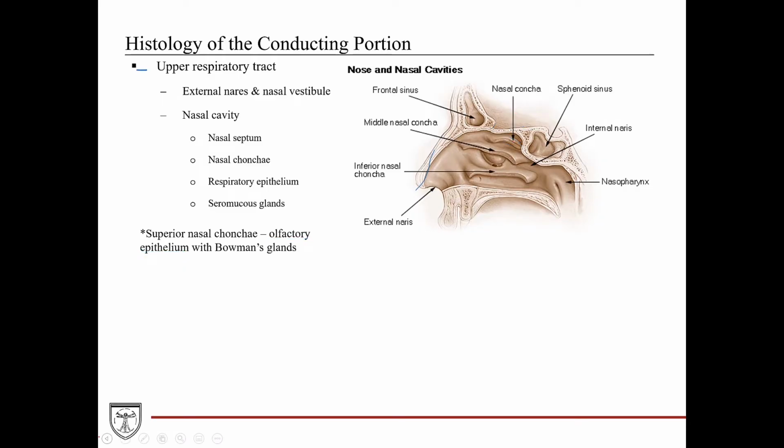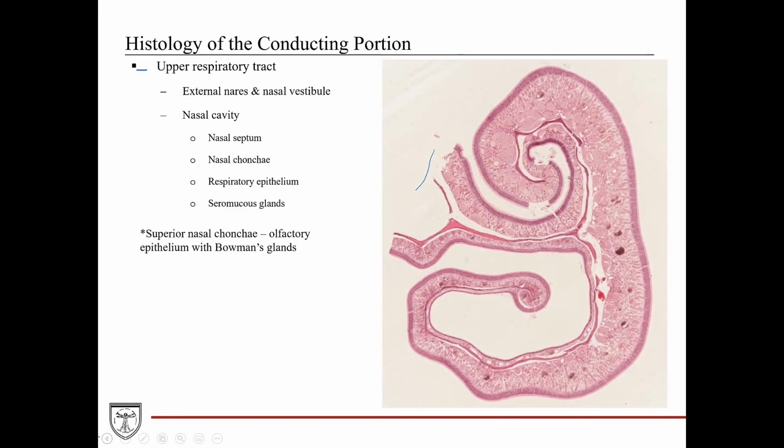So when we look at the histology of the superior nasal concha, it'll look something like this. We're at a macroscopic view here, but what we see is this elaborate curvy structure that is made up of the bony core in the middle and covered on the exterior by the mucosa on either side.